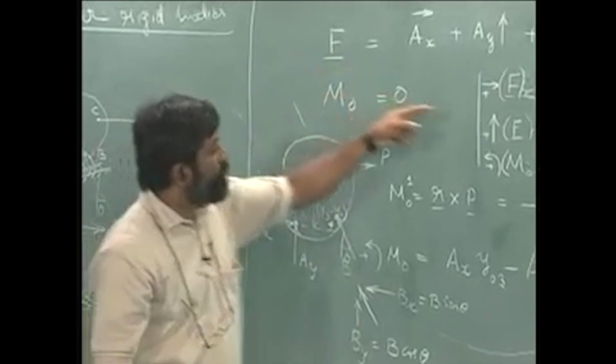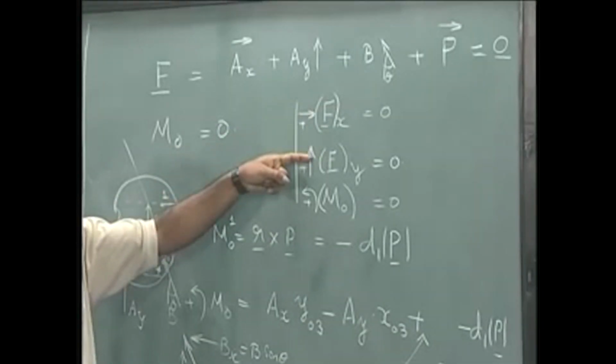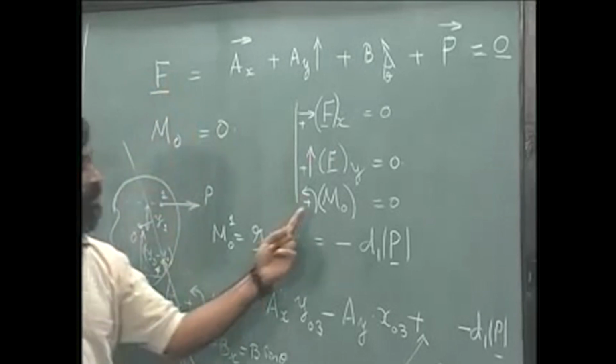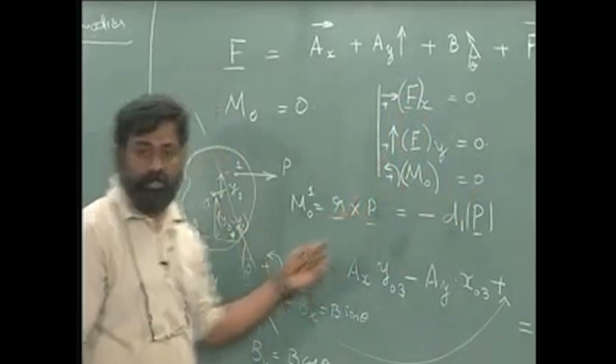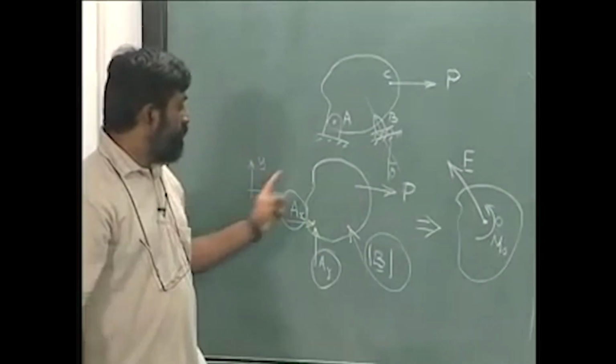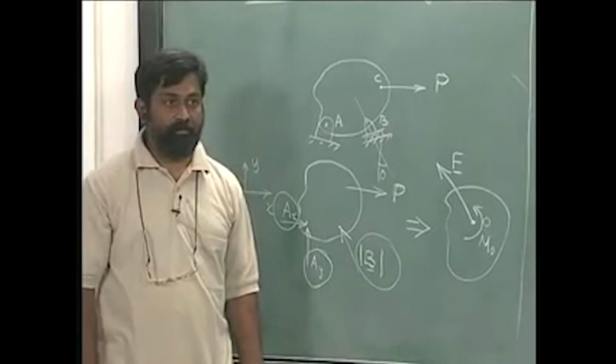This force equation, which translates into two component equations, will give me two equations, and the moment equation together will give three equations which will help solve these three unknowns.